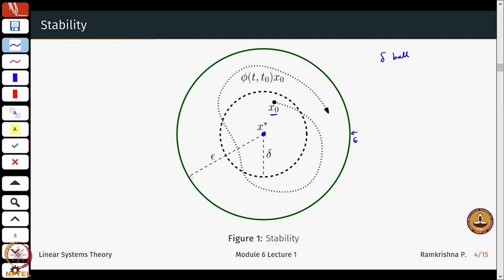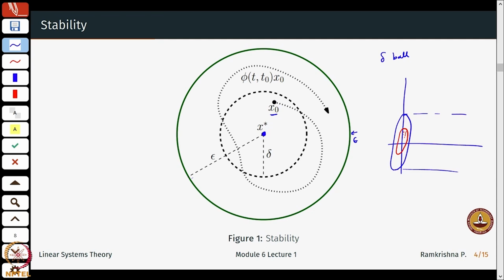Okay. So, if I just move this picture 90 degrees, it will look something like this. I will try to draw it as neatly as possible. I will just use this red color for the delta ball. So, this is my delta ball, and I'll come back to blue. What does this mean?